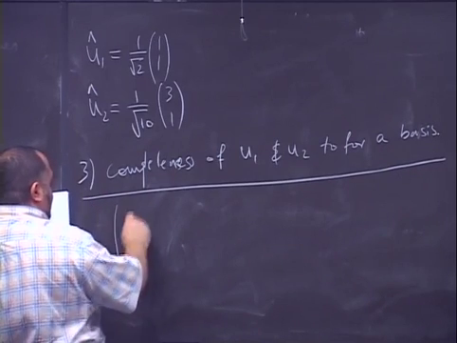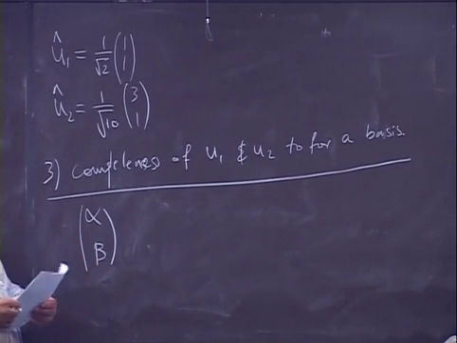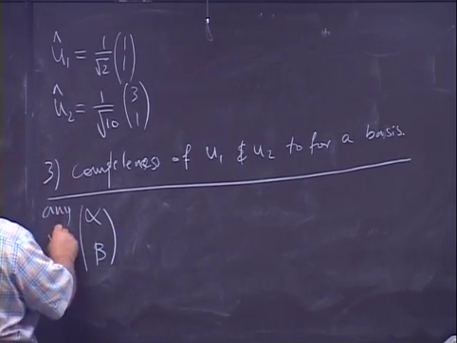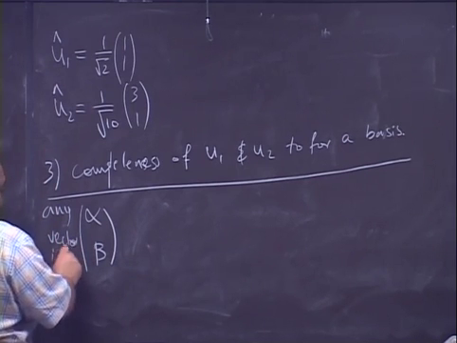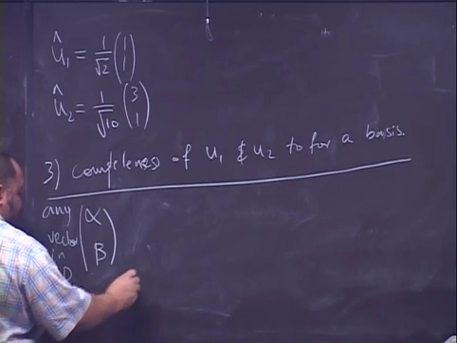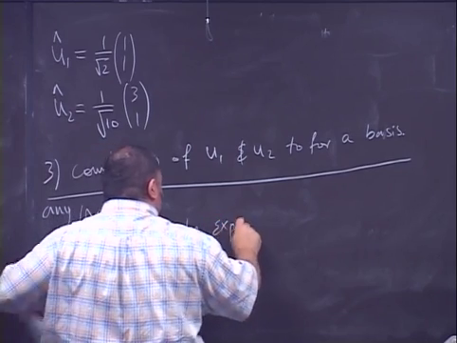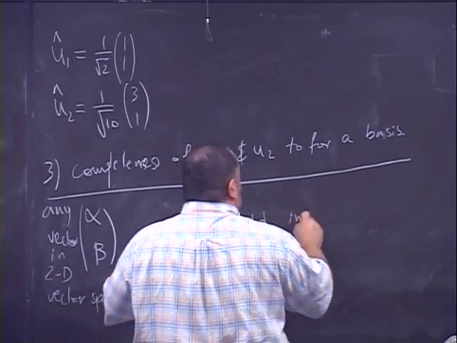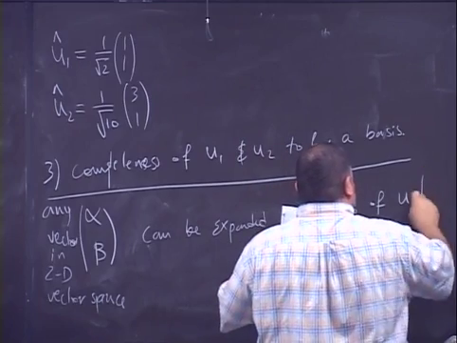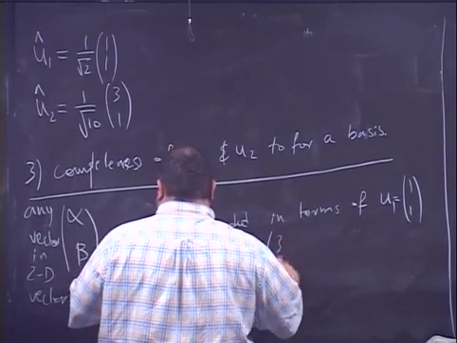So any vector, let's assume a vector in two-dimensional vector space that has components alpha and beta, any vector in two-dimensional vector space can be written, or expanded, in terms of u1 (1, 1) and u2 (3, 1).